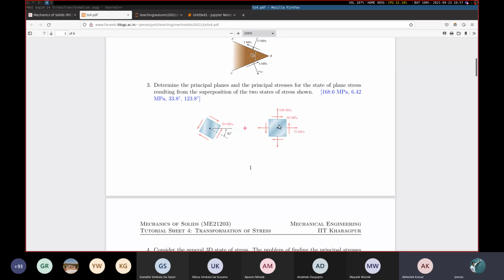In one case you have one kind of state of stress appearing around this black dot, and in another case you have this particular kind of thing appearing around the black dot. When you superimpose those two things, what is the resulting state of stress? How do you do it for this problem? So sigma xx will be 75 megapascal plus 50 megapascal times the component of 50 megapascal in that direction.